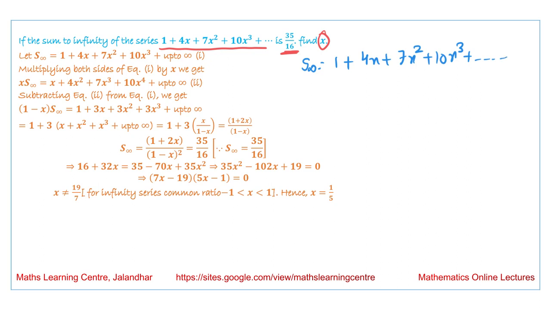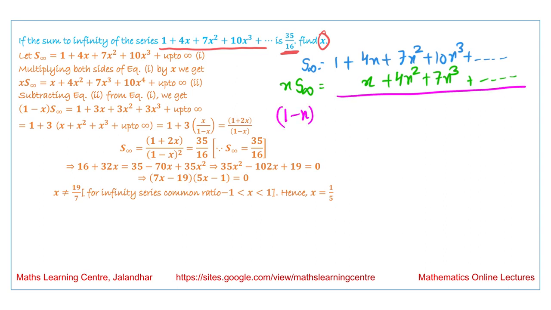Now if we multiply this with x, we get x into S infinity is equal to x plus 4x square plus 7x cube plus so on up to infinity. Now if we subtract both these equations, we obtain 1 minus x into S infinity is equal to 1 plus 3x plus 3x square plus 3x cube and so on up to infinity.